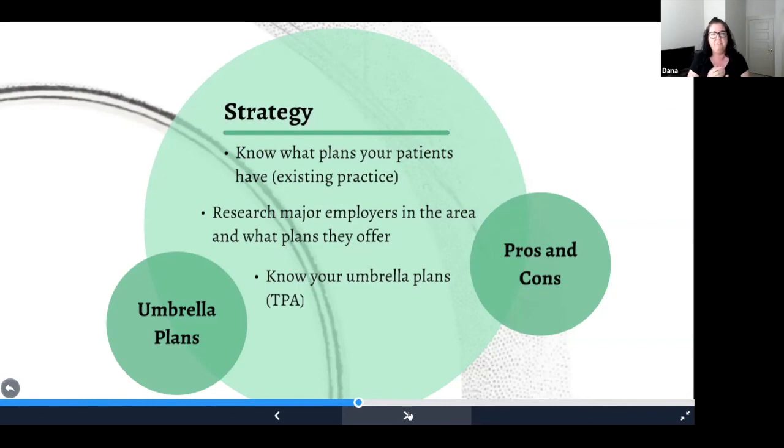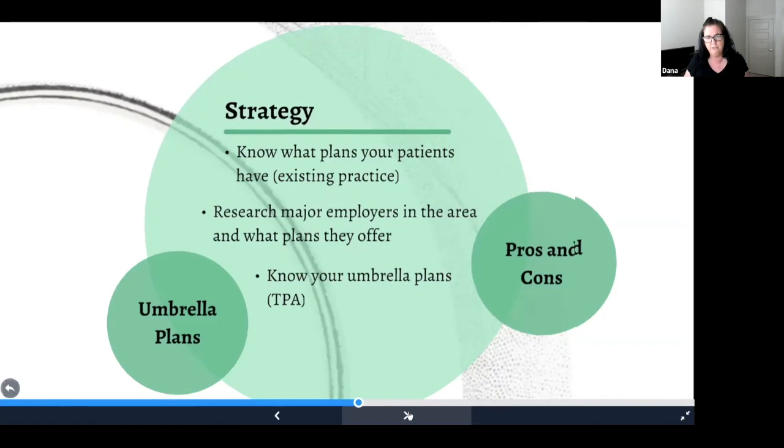Just as a side note, if you have schedule 3 and they try to give you schedule 8, don't take it. Anyway, sorry, that was a big squirrel. But the umbrella plans, what they do is they contract dentists to abide by this fee schedule, and then they contract the insurances to be able to umbrella those plans, so you're only dealing with one fee schedule, not 17. So let's talk about that here in just a little bit.